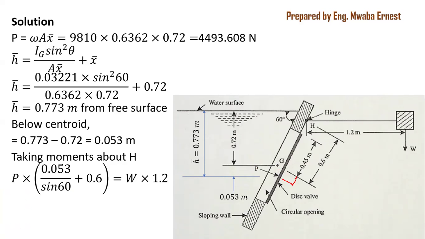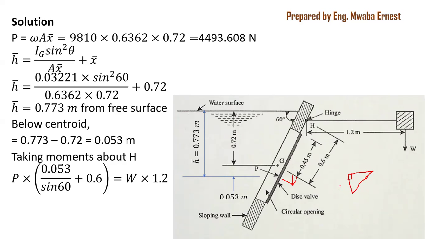Now that we already have the vertical distance, we have this distance which we don't know, and the vertical distance which we already calculated when we subtracted. It already gives us a right angle triangle.